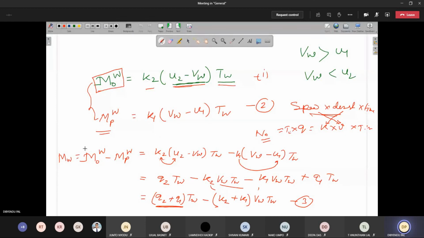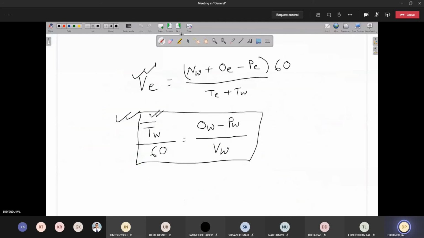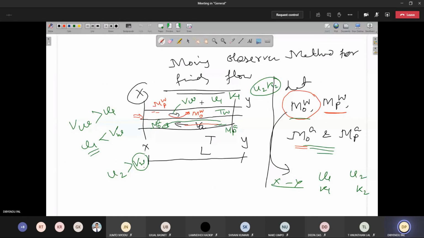That was when the test vehicle was moving from X to Y direction. Now we'll go for the reverse one.